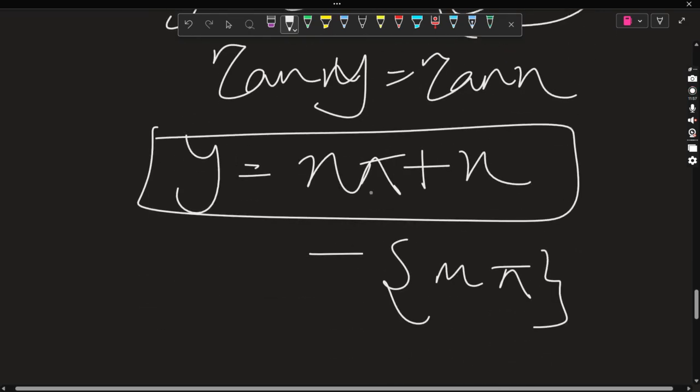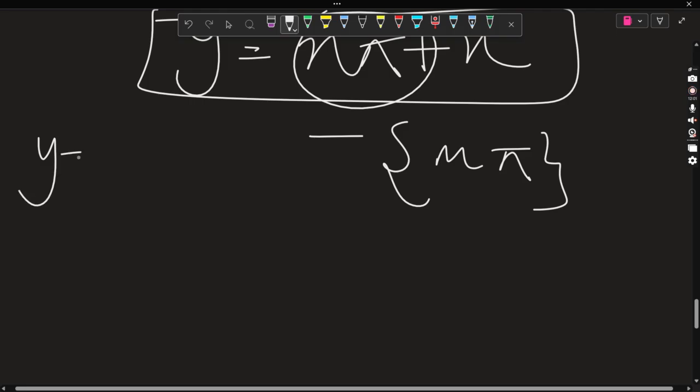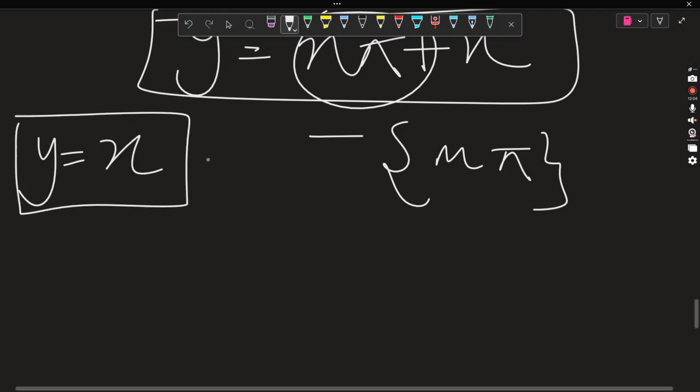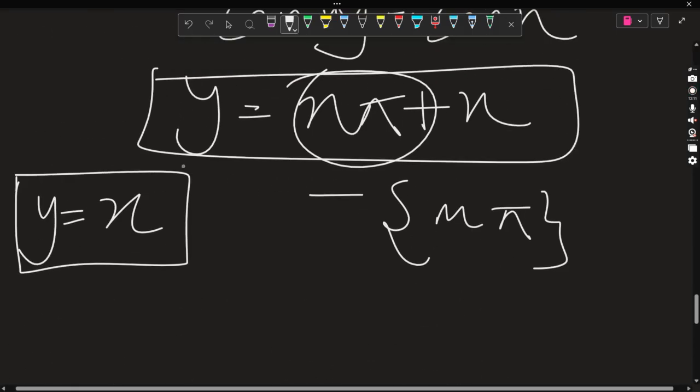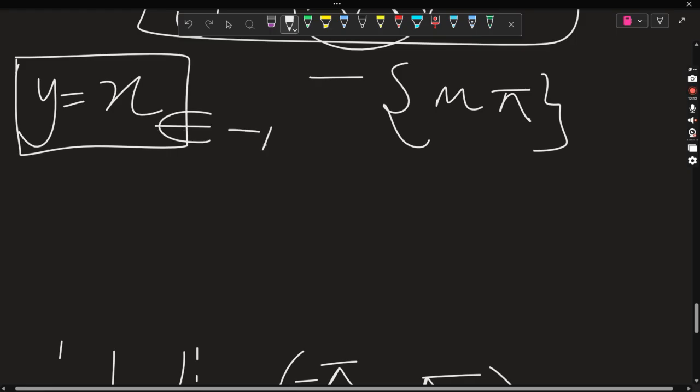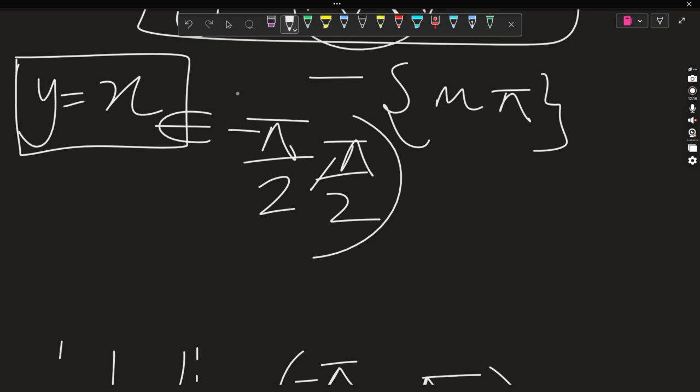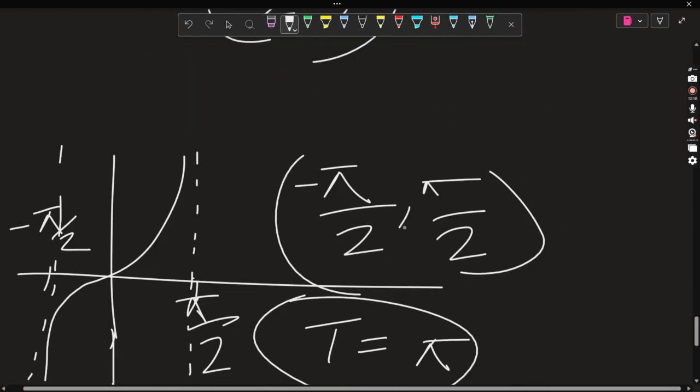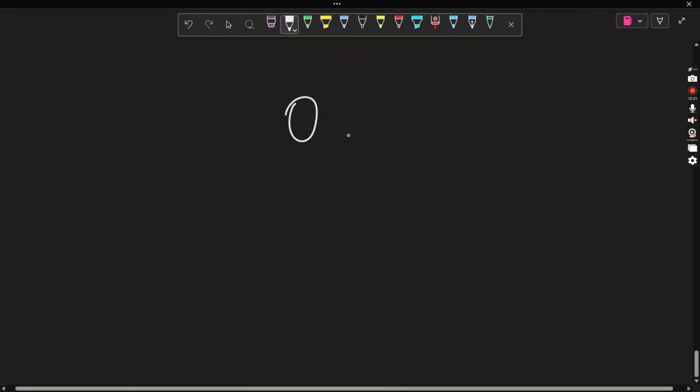So since the periodicity is pi, this n pi can be excluded and y is equal to x will become your function. So y is equal to x and x belongs from minus pi by 2 to pi by 2 for tan. So we just need to construct the function and then repeat it. In case of cot, the interval is 0 to pi.